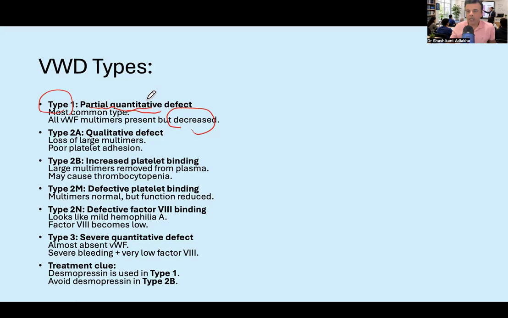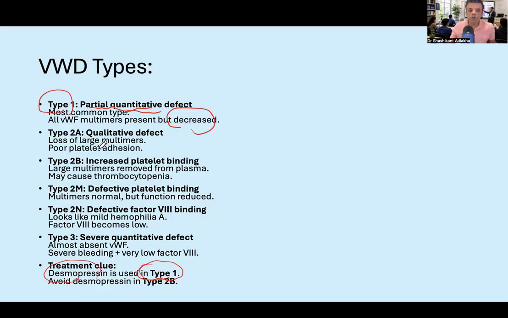So there will be mild bleeding episodes, mild elevation of bleeding time, and a mild APTT increase as well. In this case, desmopressin, which is a synthetic ADH analog, works very well in type 1. This is because there is a partial deficiency.